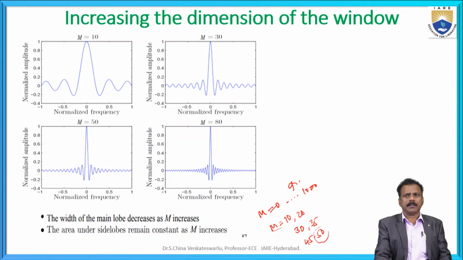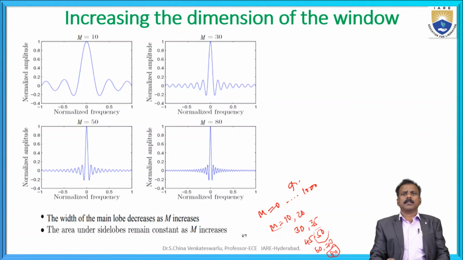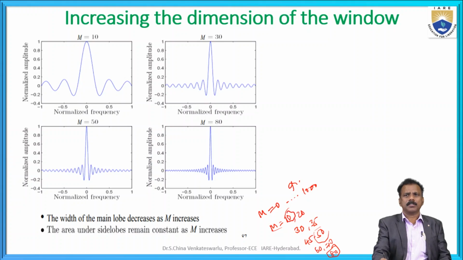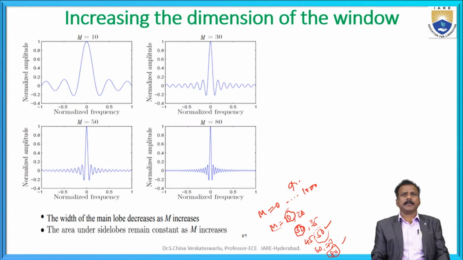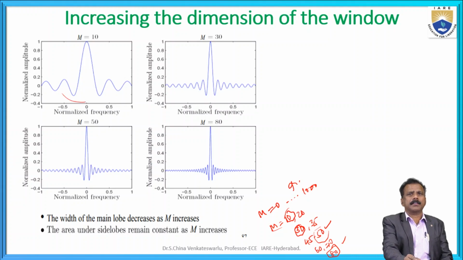The best one is 50, then M is equal to 60, 70 and 80. Here you will observe M equal to 10, 30, 50 and 80, plotted as normalized frequency versus normalized amplitude. If M is equal to 80, you can verify it graphically.